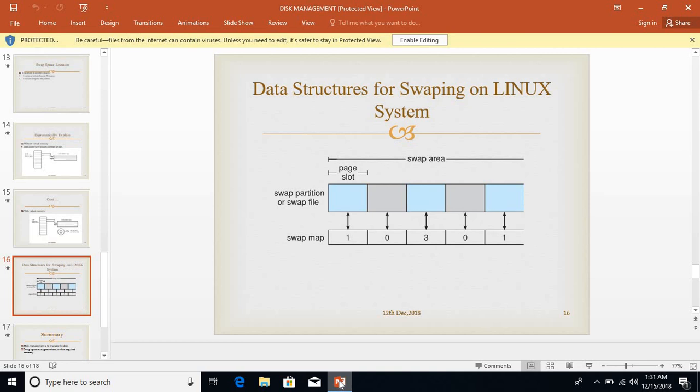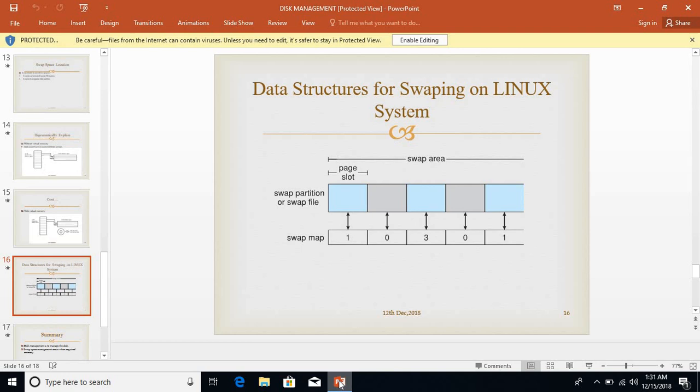Solaris has a little difference in that it uses double the swap space, meaning some extra space. Linux also uses double the swap space and uses a swap map, which keeps track of all those processes that reside in the swap space.